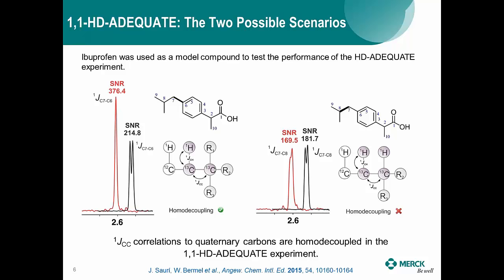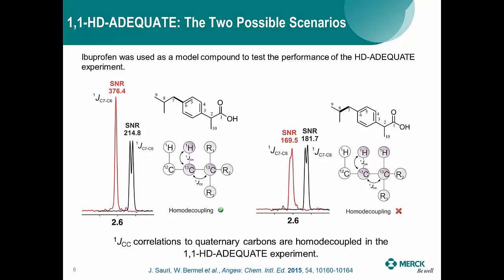So everything will collapse up to a doublet, up to this doublet between these two protons. In practical terms here, in this particular case, the conventional ADEQUATE, which is the black trace, appears as a doublet, as well as the 1,1 HD-ADEQUATE, which also appears as a doublet. So there is no increase in sensitivity here.